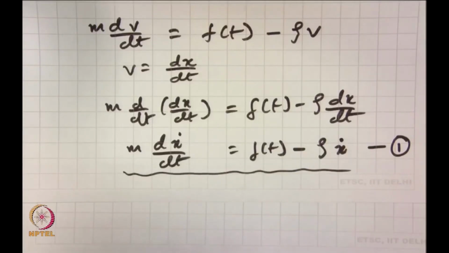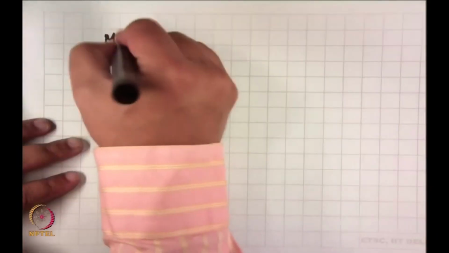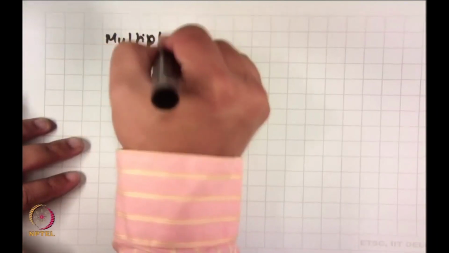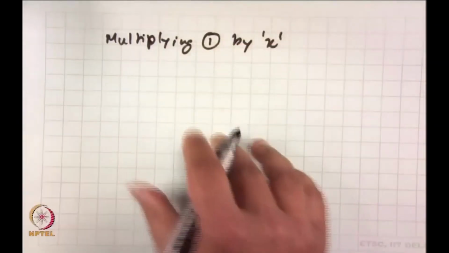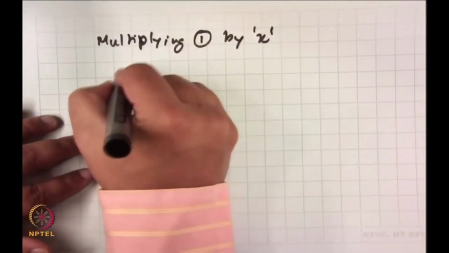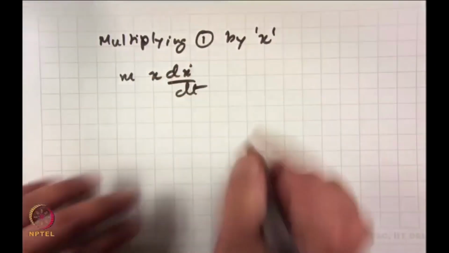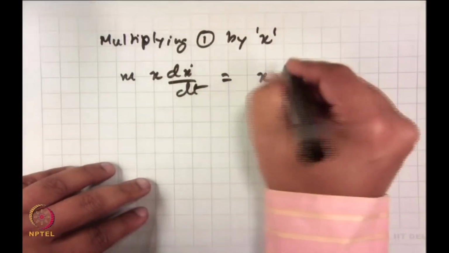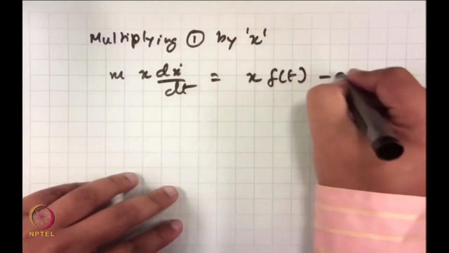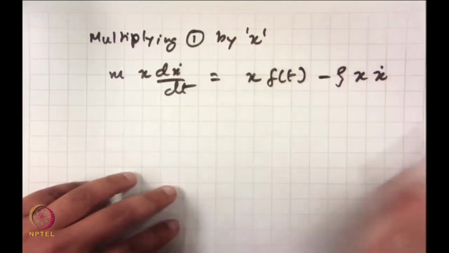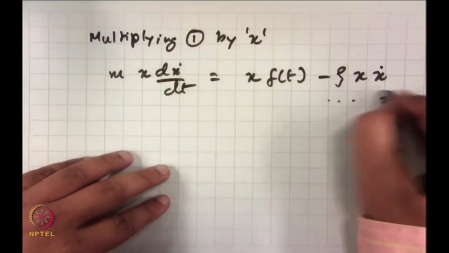Multiplying by x, I can write m x d x dot over dt is equal to x f of t minus xi x x dot, and this would be equation 2 for me.